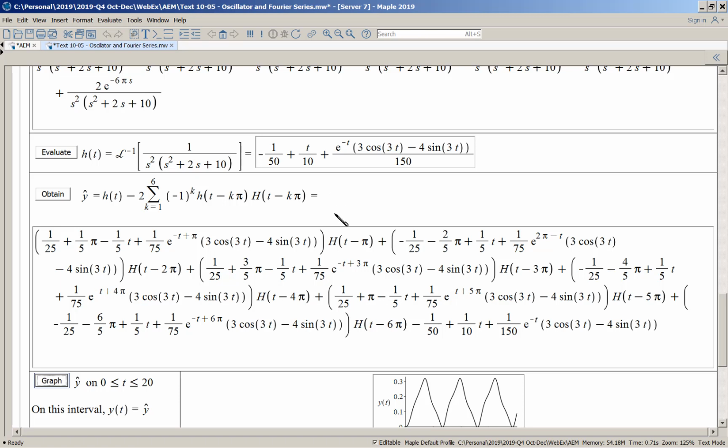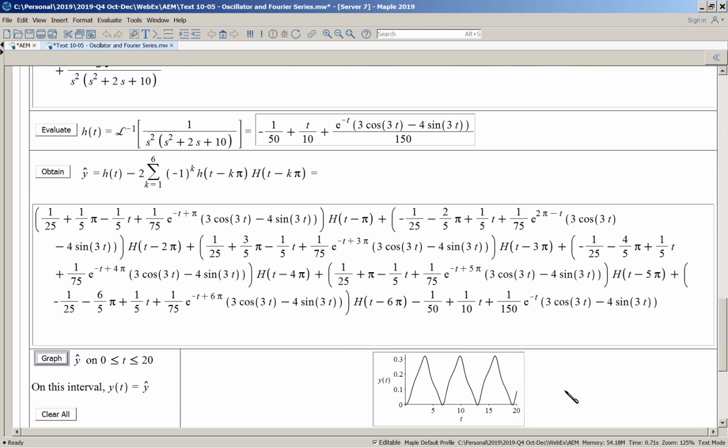Well, a Heaviside of t minus 7 pi. Now 7 pi is at least 21. So this Heaviside that I've neglected and all other Heavisides that I've neglected, they're all 0 to the left of 20. Therefore, this is exact on 0 to 20.